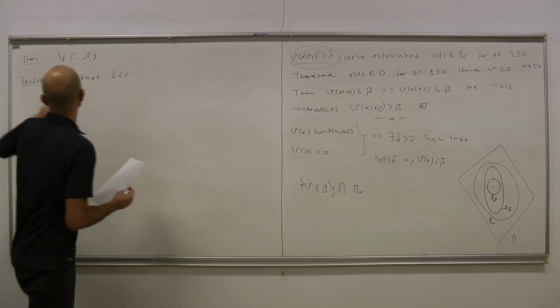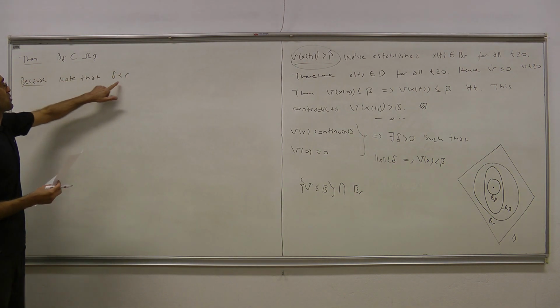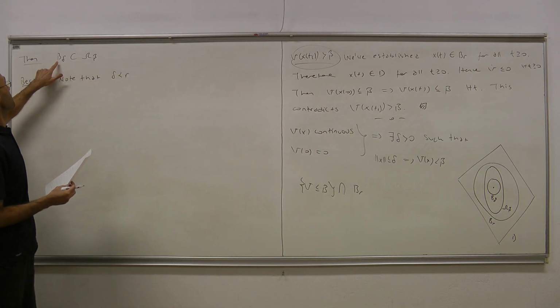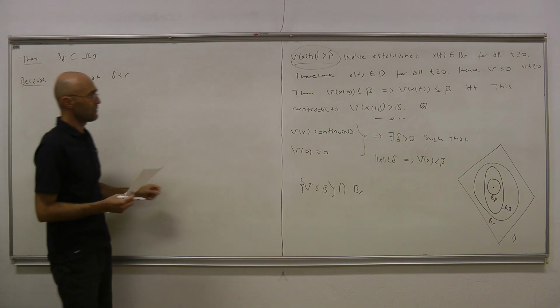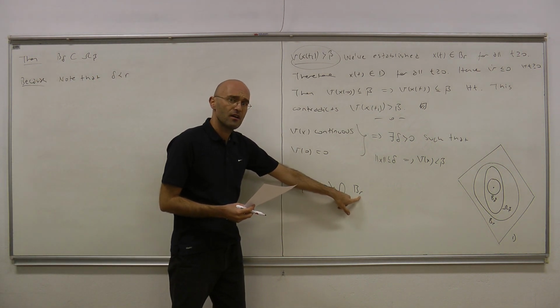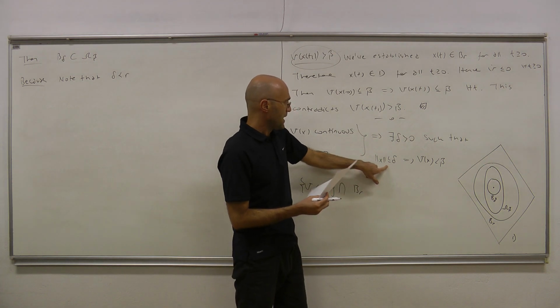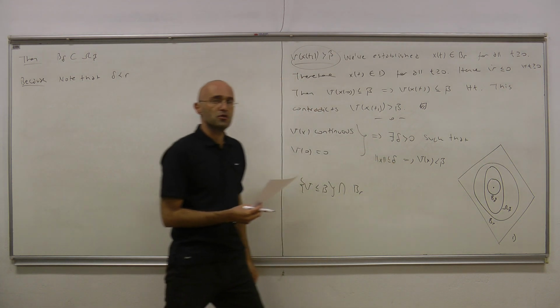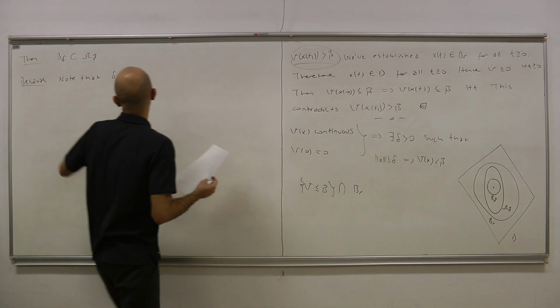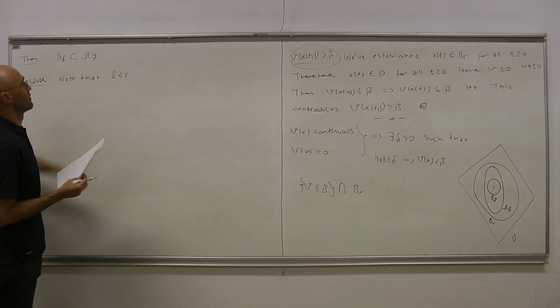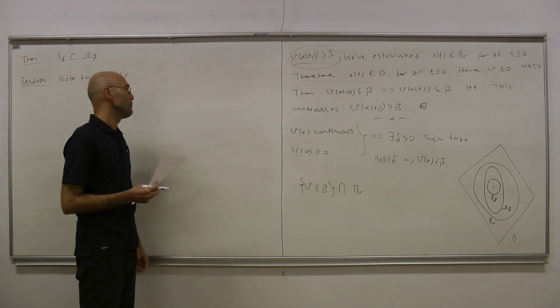If we can show that delta is smaller than r, that means B delta is a subset of B r, and also if x is in B delta, this condition is automatically satisfied, and therefore B delta would be a subset of omega beta.